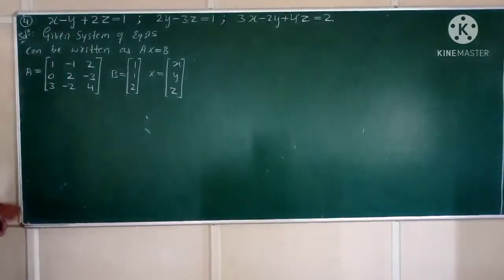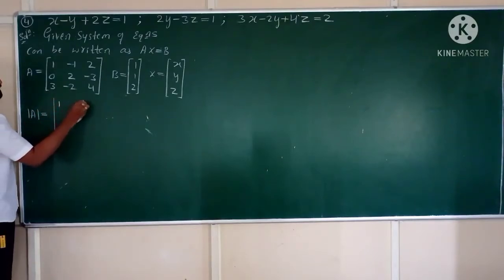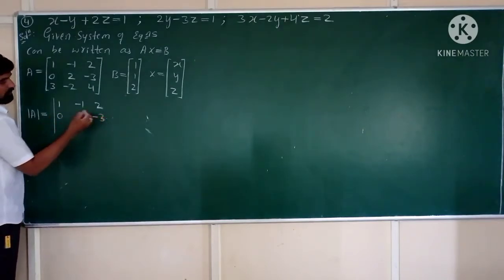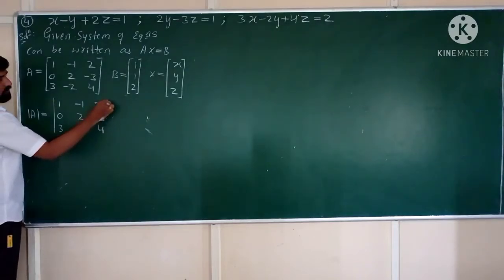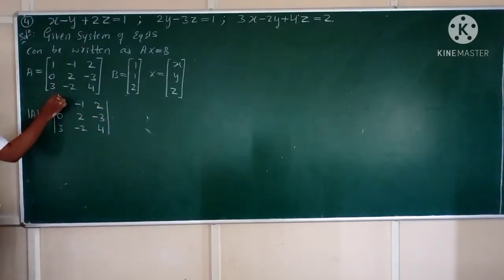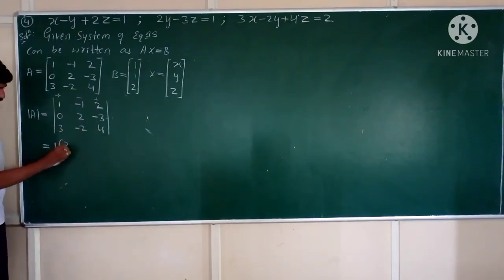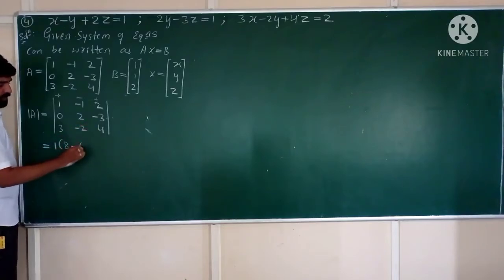Now the determinant of matrix A is equal to 1, minus 1, 2, 0, 2, minus 3, and 3, minus 2, 4. So plus, minus, plus, which is equal to 1 into, deleting first row, first column, 2 into 4, 8, minus 2 into minus 3, plus 6.